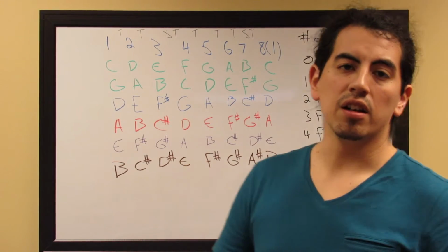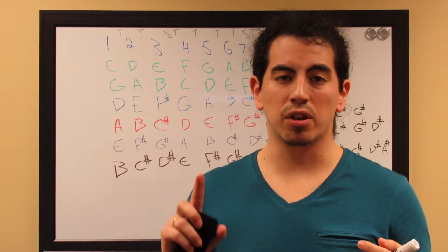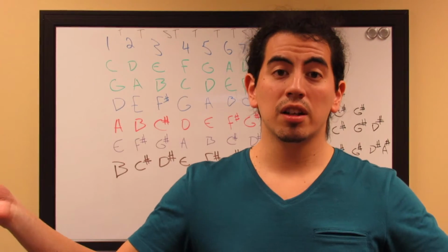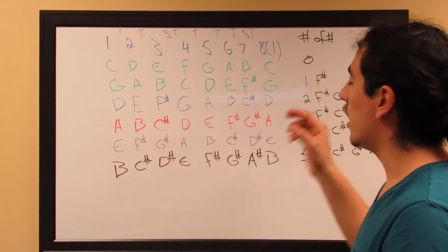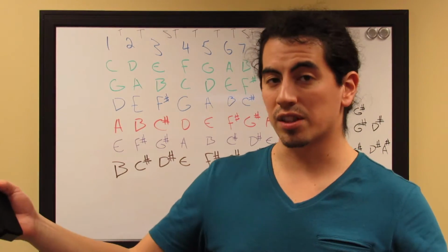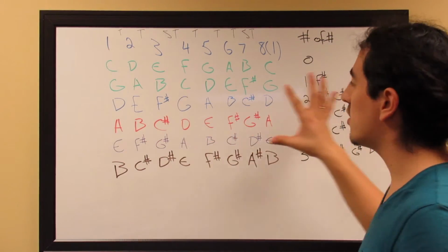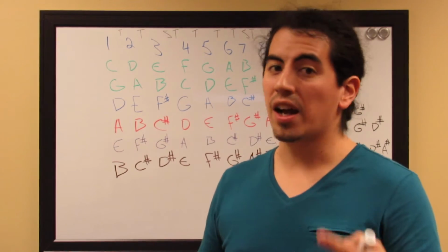Now, there are a number of tricks you can consult, from Hal Leonard theory books to old and crusty professors at whatever university you'd like, or guitar teachers or music teachers at RCM or at any music store that will teach you a whole bunch of tricks for remembering this. The fact is, you've got to remember it. Doesn't matter how you remember it.